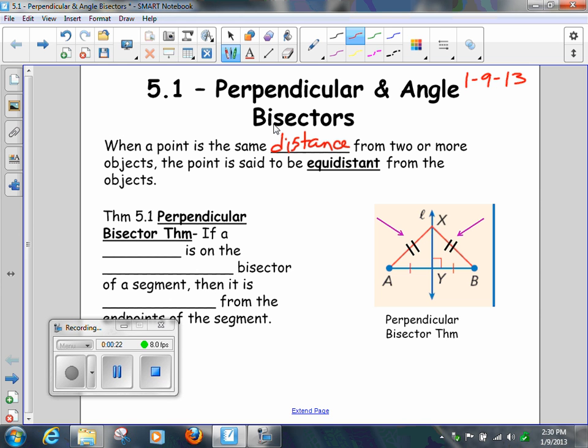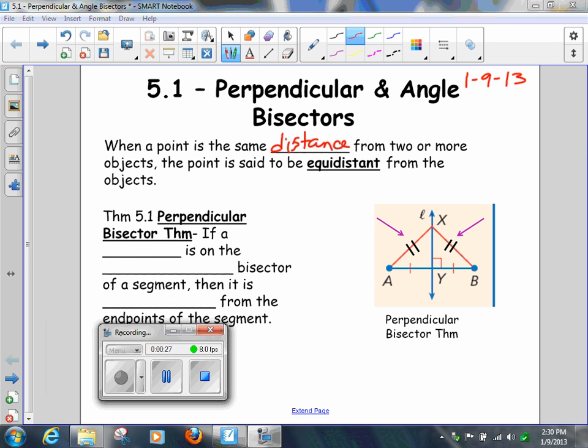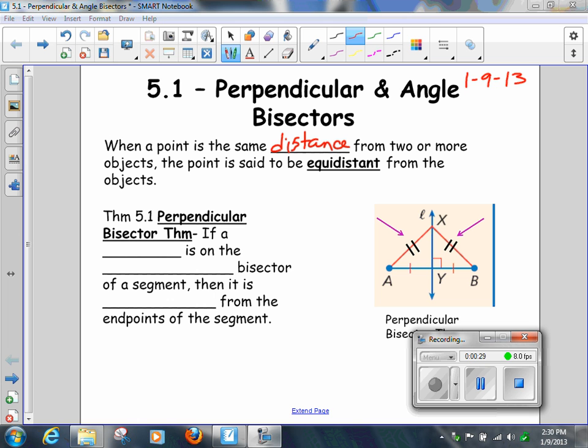Should have remembered it. The point is said to be equidistant. Okay? Perpendicular bisector theorem. Stop talking. Says that if a midpoint is on the perpendicular bisector of a segment, then it is equidistant from the endpoints of the segment.